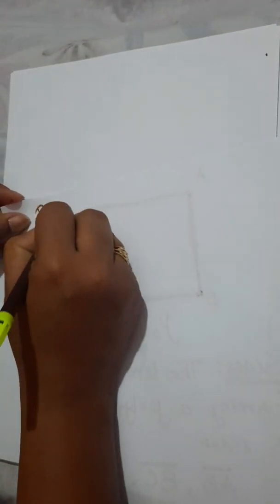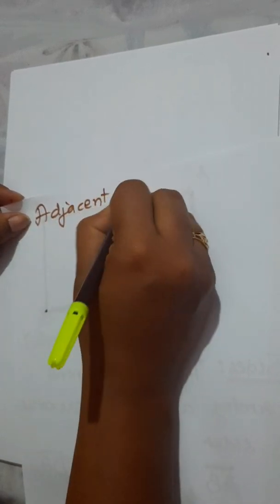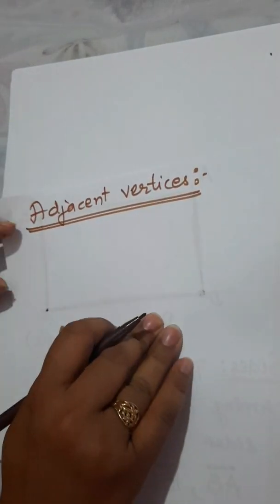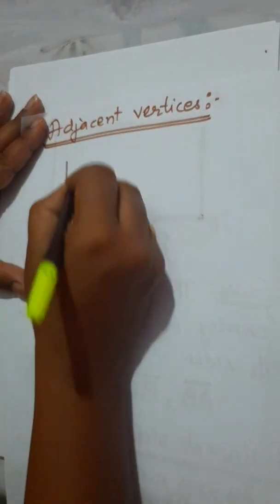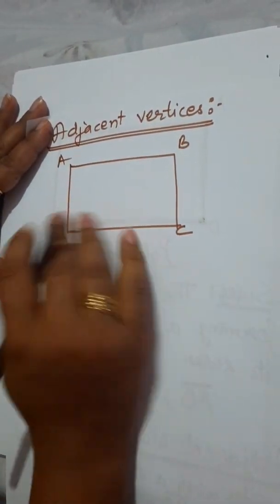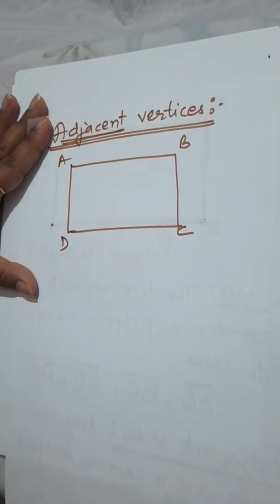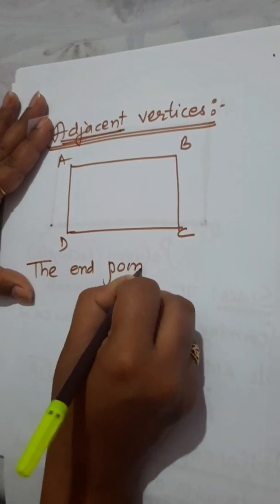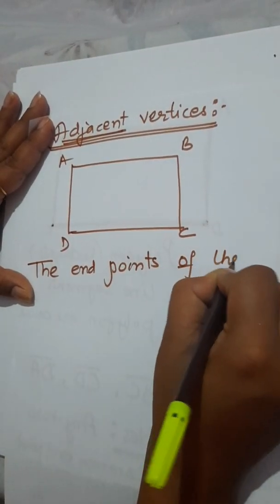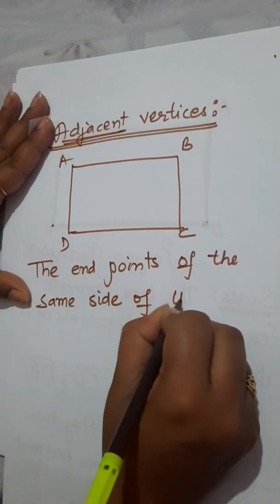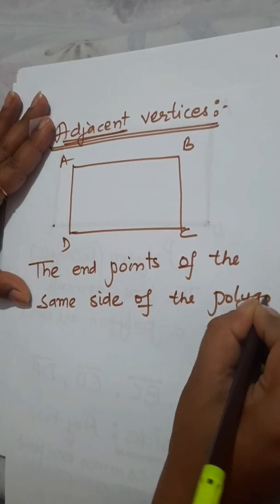The next we have adjacent vertices. Now adjacent also means common. Let's draw the figure again. ABCD. So we have to write adjacent vertices. So adjacent vertices means the end points of the same side of the polygon.